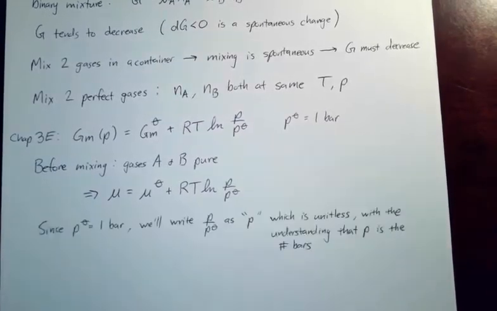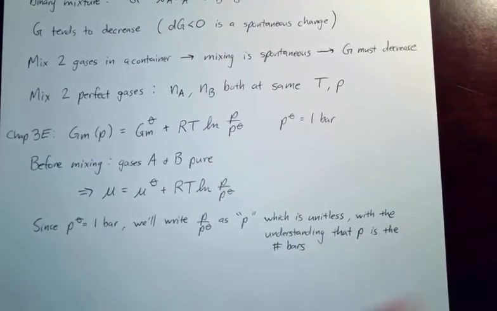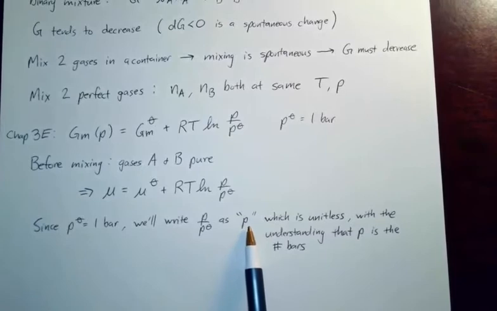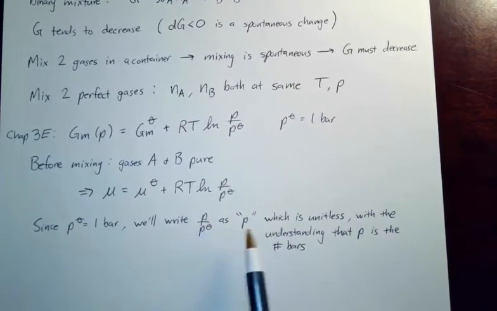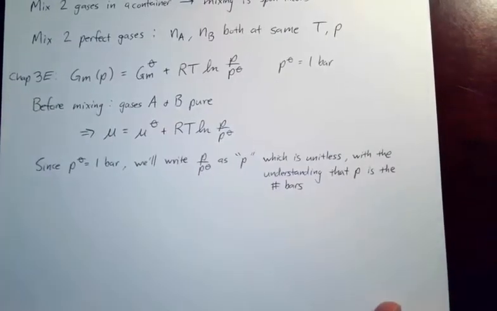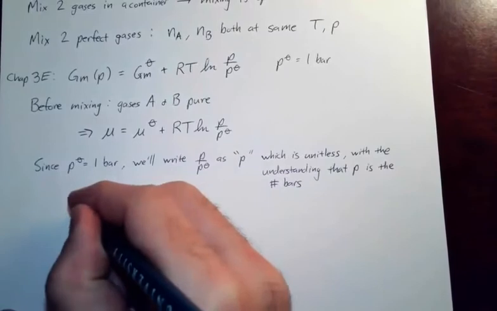Since P standard is 1 bar, we'll write P over P standard as just P, which is a unitless number, as long as we're using bars for P. So this simplifies the notation a little bit.